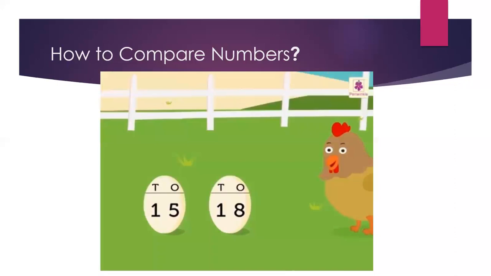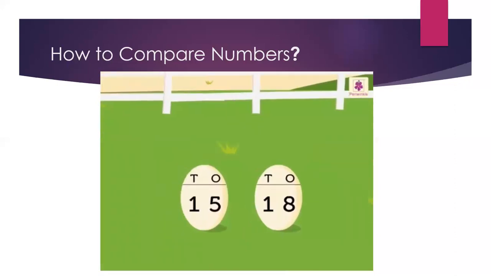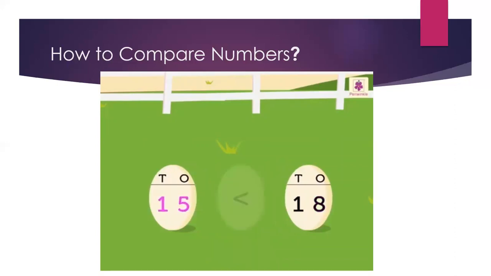Now, let us compare these numbers using tens and ones. Here, numbers 15 and 18 both have one ten. Hence, we compare the ones. We know that 5 is smaller than 8. Therefore, 15 is smaller than 18.